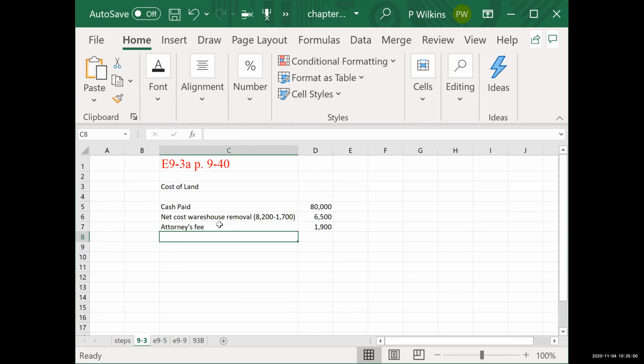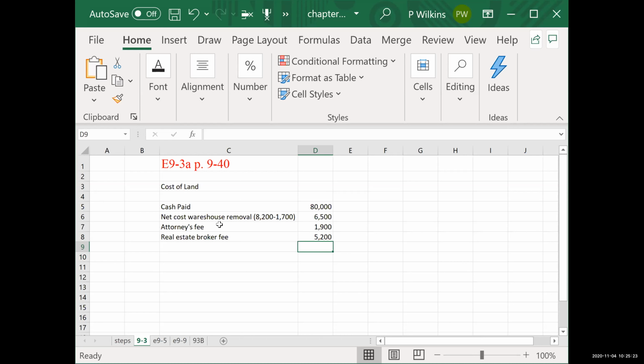Then you would include the real estate broker's fees. That's part of the cost. Real estate broker fee was $5,200.